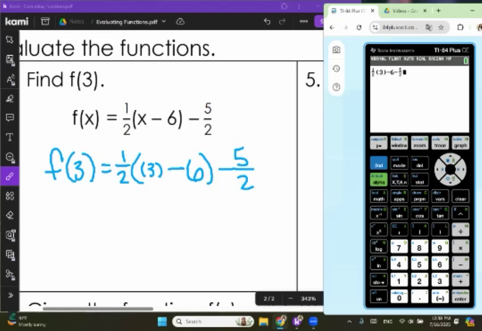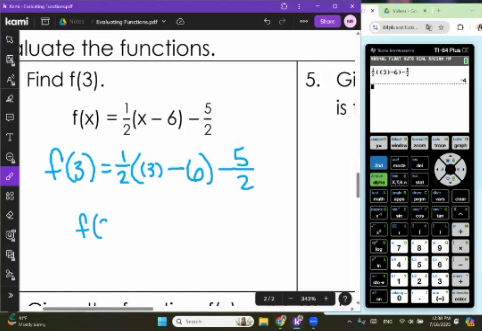Oh, I don't have my closing parentheses. I messed that one all the way up. Let me clear that out and try again. 1/2 parentheses, then parentheses 3 minus 6 parentheses, minus 5/2. Hardest part is probably going to be typing everything in, right? -4. So f of 3 is -4.